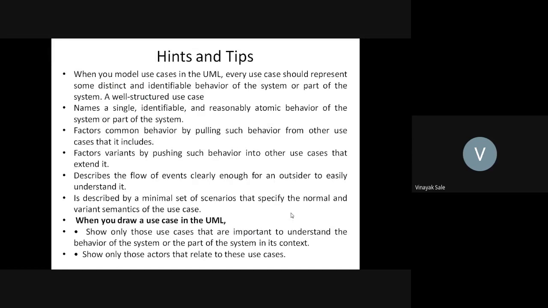So what we have studied is that when you model use cases in the UML, every use case should represent some distinct and identifiable behavior of the system or part of the system. A well structured use case names a single, identifiable and reasonably atomic behavior of the system or part of the system.